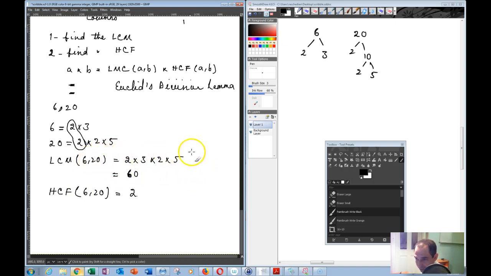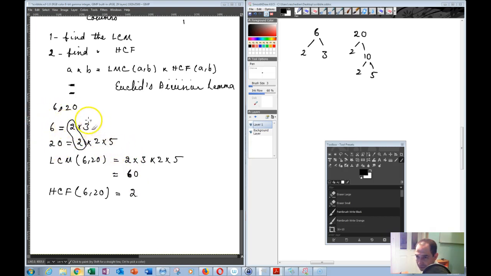And while we are at it, if you paid attention to when we found the LCM of these two numbers, we said that we wanted to find a number that contains both of these numbers, meaning 6 and 20.